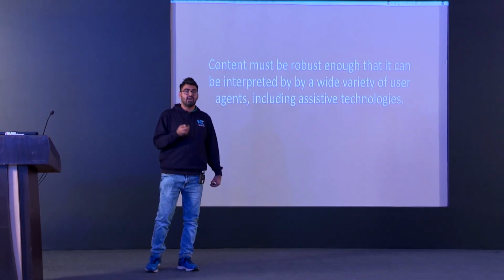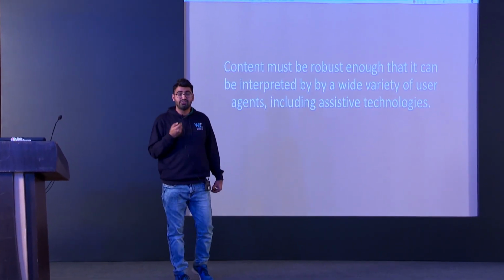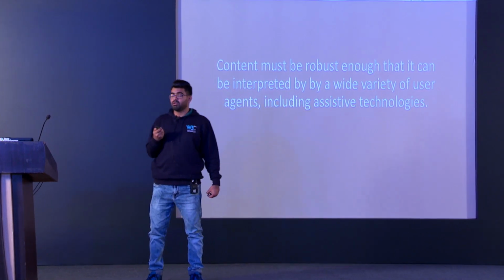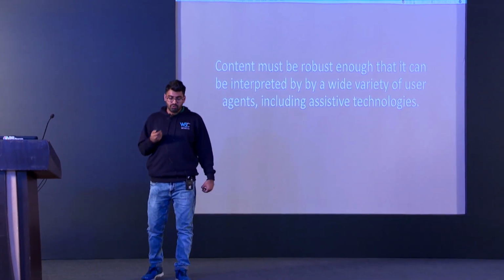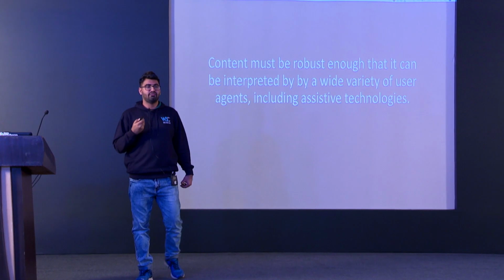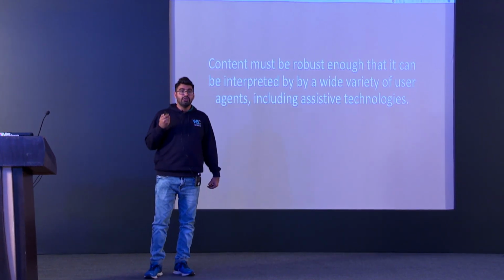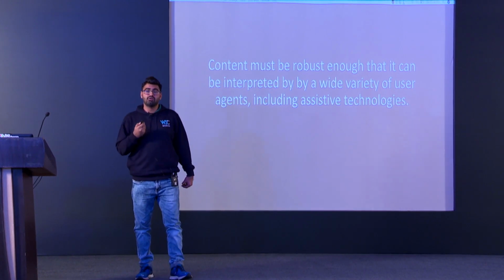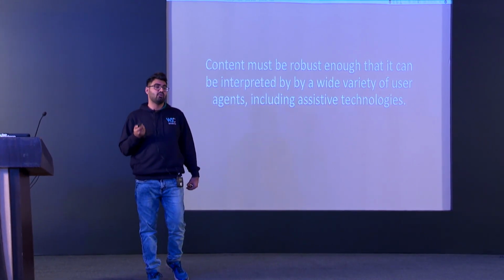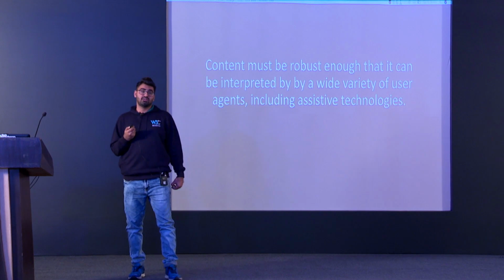If you take the example of Amazon Echo or Google Home, you are preparing your website to work with these voice recognition techniques, because they are the future. So whatever you are coding today should apply to the future as well, and to all assistive technologies which are coming up. This is a bit challenging because we don't know what is going to come in the future.